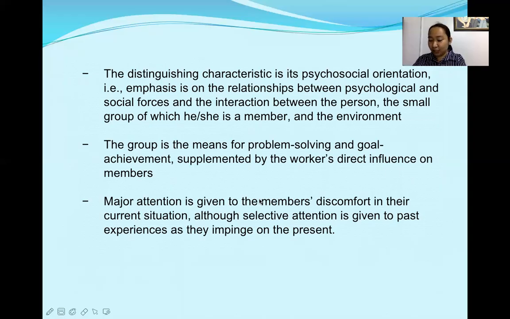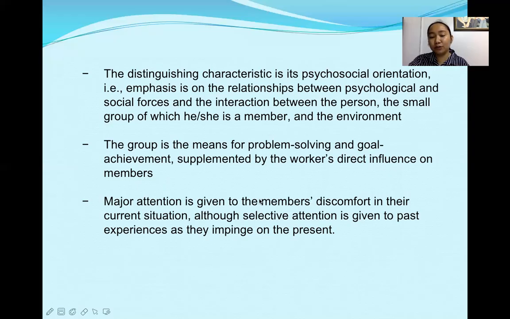So psychosocial, that the intervention are not just to be given to the client themselves, but the role of their environment is very important. So the major attention is also being given to the discomfort of the individuals in their current situation, although the selective attention is given to the past experiences so that they can see how they were able to cope up with those experiences.